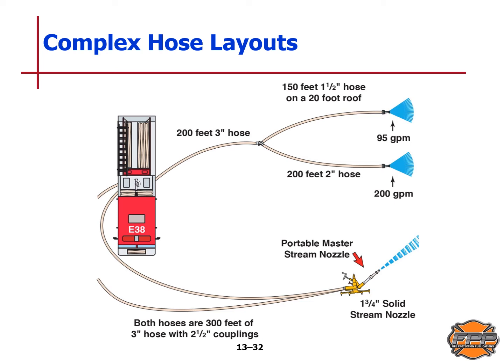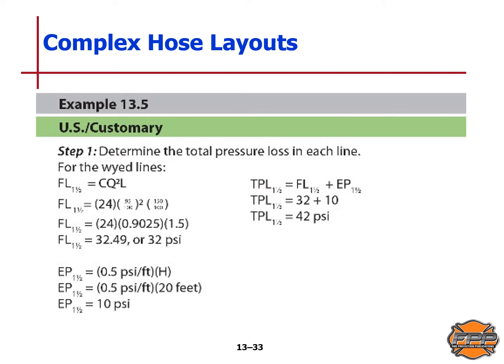And then off the pumper, you have both hoses that are 300 feet of 3-inch hose with 2.5-inch couplings feeding a portable master stream nozzle. And it's a 1 3/4 solid stream nozzle. So let's determine the pressure loss in each line.